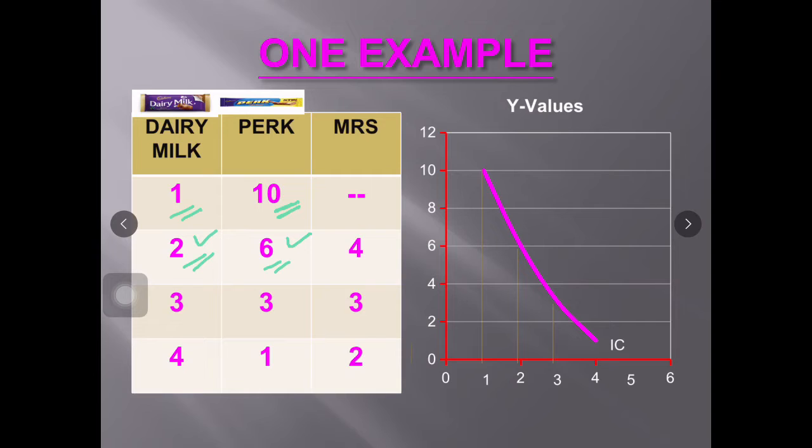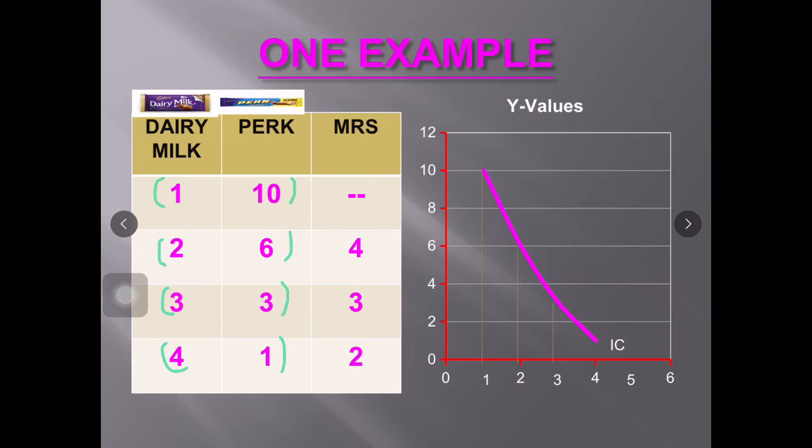Again he asks his friend, if you give me 1 more unit of dairy milk, then I will have 3 units of dairy milk, and for this additional unit I will give you 3 units of pork. Again, for another unit of dairy milk, he is ready to sacrifice 2 units of pork.